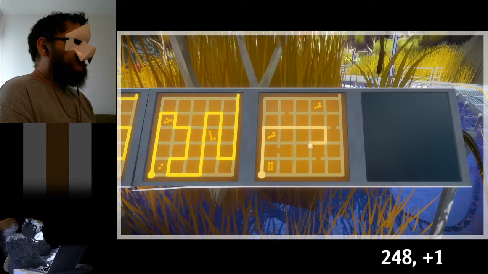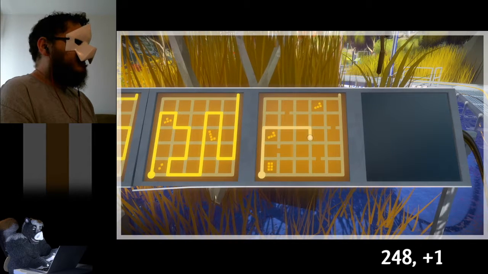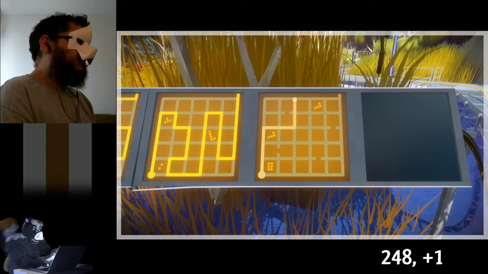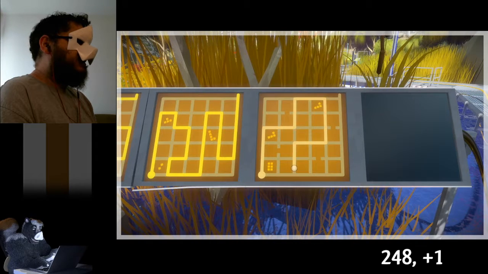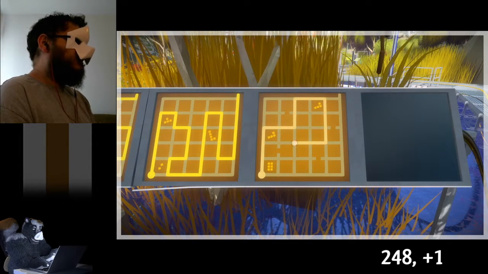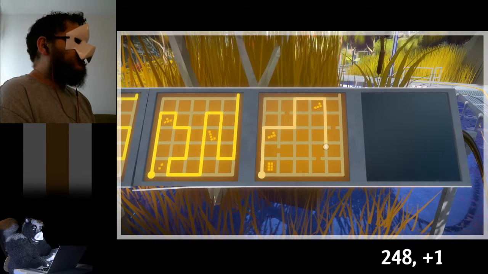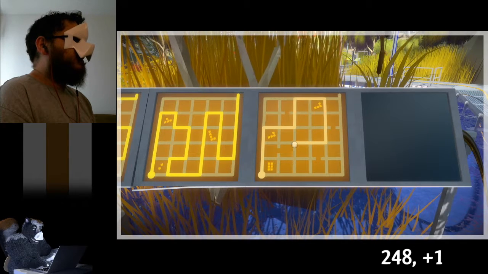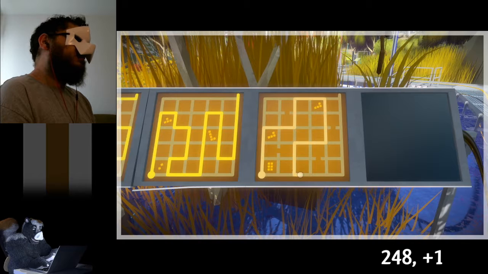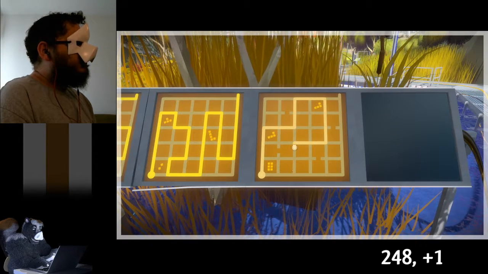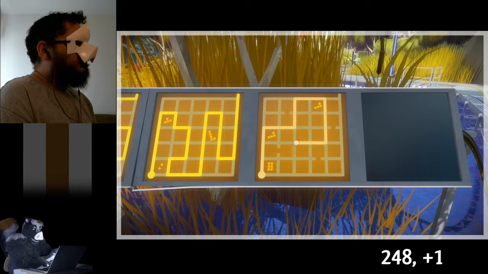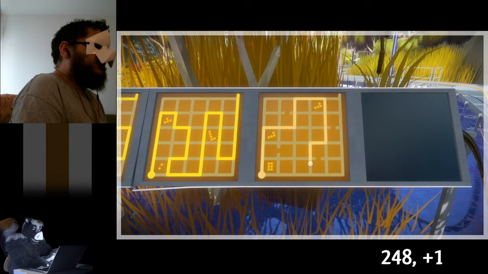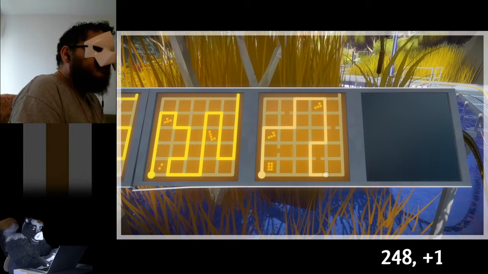That's the wrong rotation, so it can't be that one. All other ones are blocked off. If we do this, we may have to... Nope. Well... What? Oh, I can do it like this.